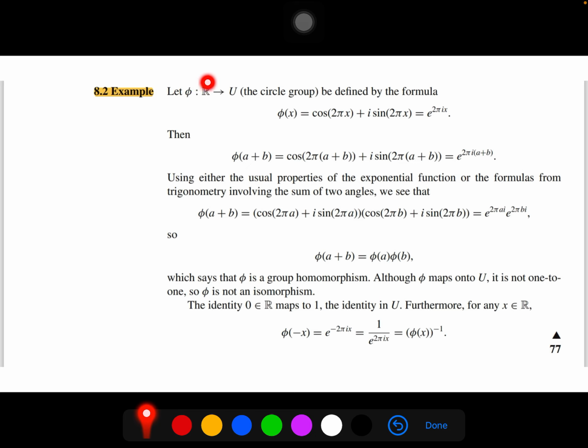This is a group of real numbers under addition, and in the codomain the operation is multiplication of complex numbers. The domain operation is addition of real numbers. Given here, the definition of the mapping phi of x will map to this complex number. Because we are already very comfortable with the Euler form, I will skip the polar form.